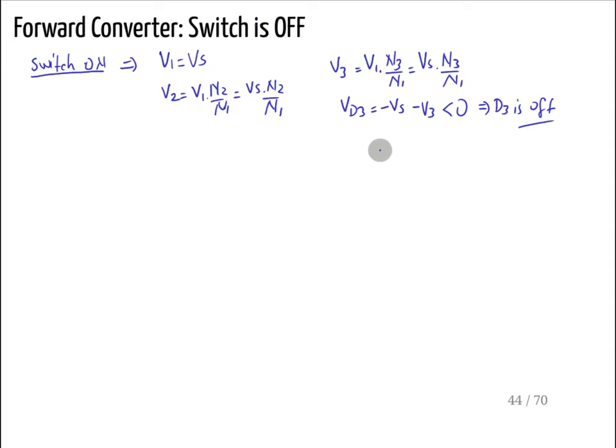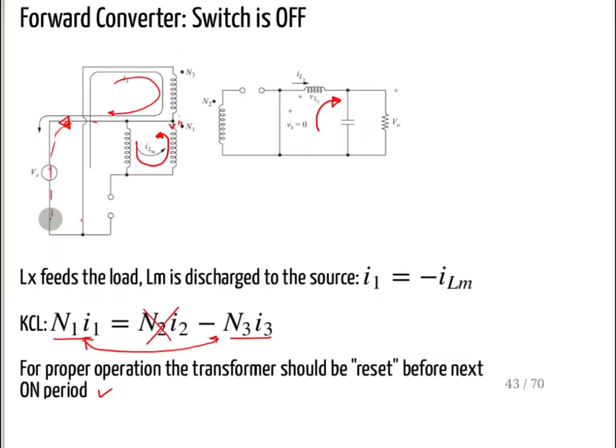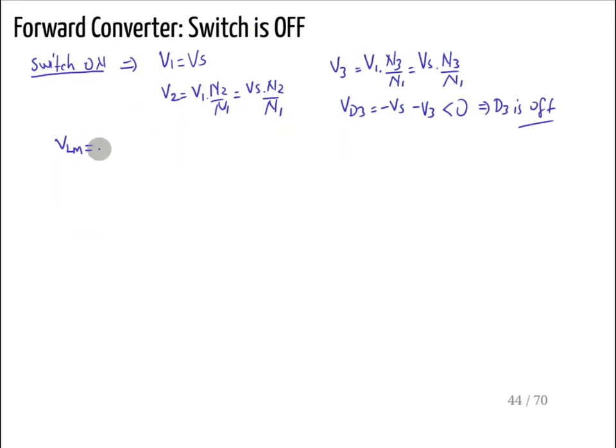I'm not going to derive all the voltage characteristics, but you can also write the VLM. During the on period, VLM is equal to Vs for D times Ts.